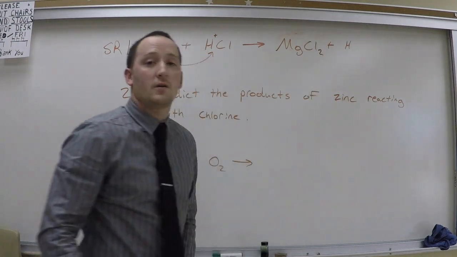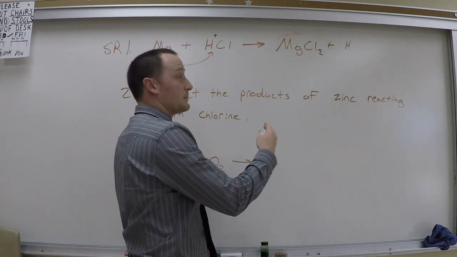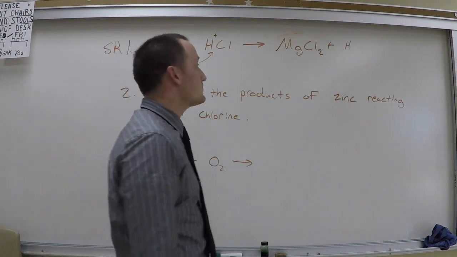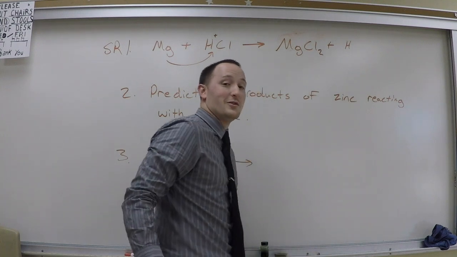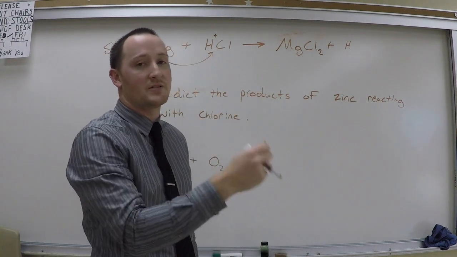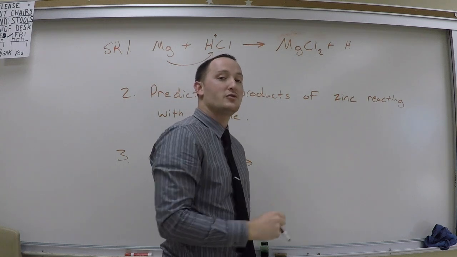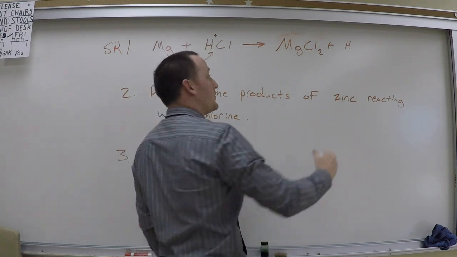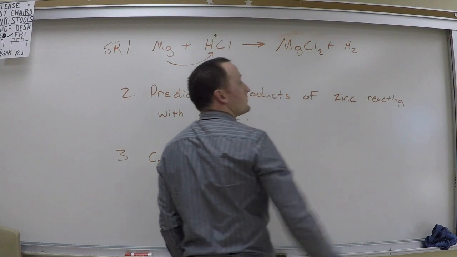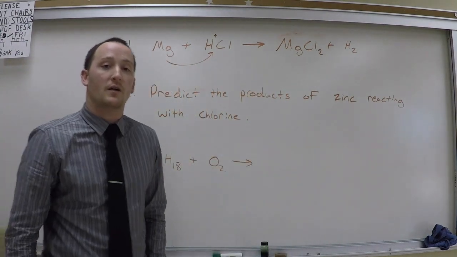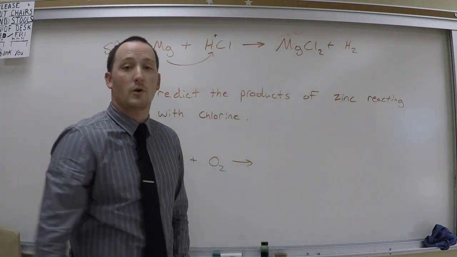So that would be my formula for magnesium chloride, MgCl2. I have to do the same thing for hydrogen. Remember, there are some elements that are diatomic, meaning when they occur by themselves, there's a 2 behind them. Hydrogen is one of those, so you have to remember to put a 2. I've now predicted the products of this first chemical reaction.